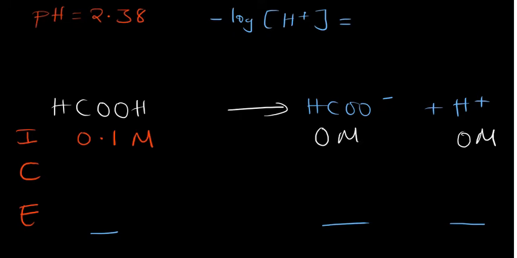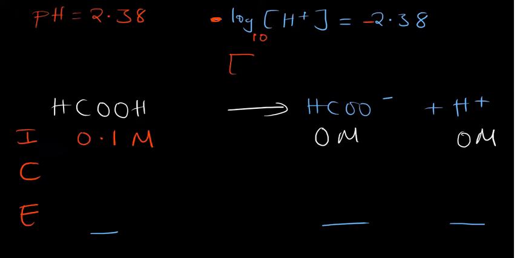So we can equate that. The pH of formic acid is 2.38. Let's find the hydrogen ion concentration. You can divide both sides by negative, so the negative goes there, and then this becomes a power of 10.